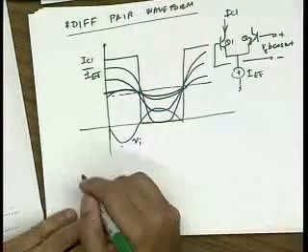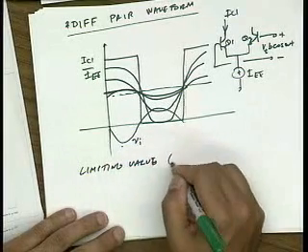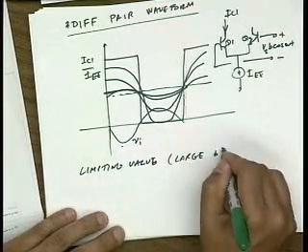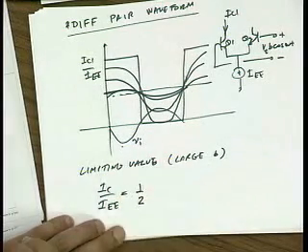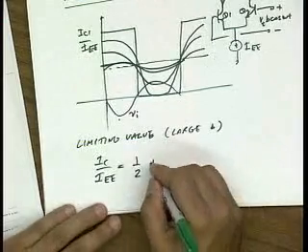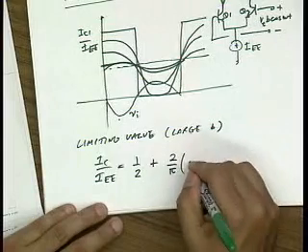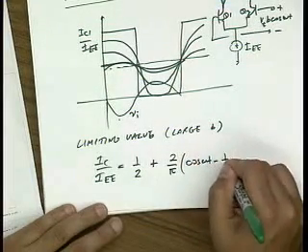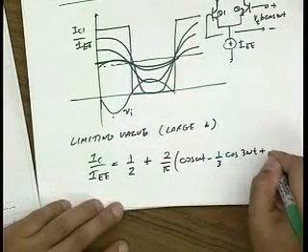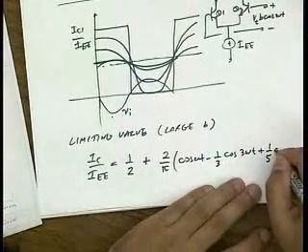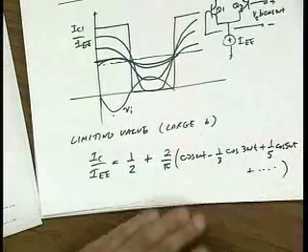So the limiting value for very large B would be basically just a square wave with average value of 1/2, right? And basically the fundamental component, which is 2 over pi. And then we all know how a square wave goes. Basically, we get all the odd harmonics. So 1/5 cosine 5 omega t, dot dot dot. Okay?